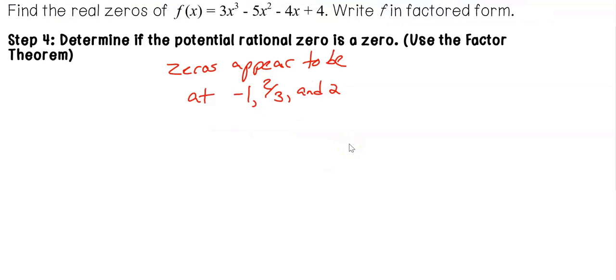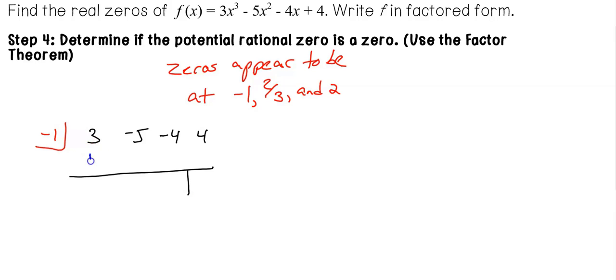Okay, so I'm going to first use the -1. Looking at my equation up here, I know that the top part of my synthetic division is 3, -5, -4, and +4.